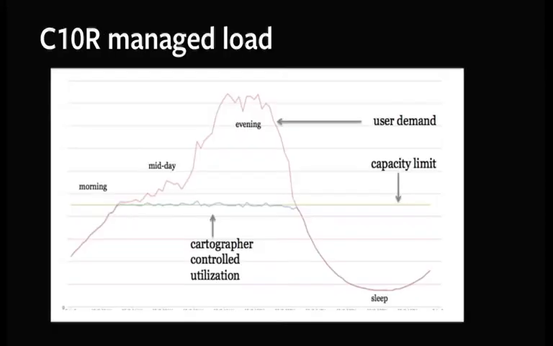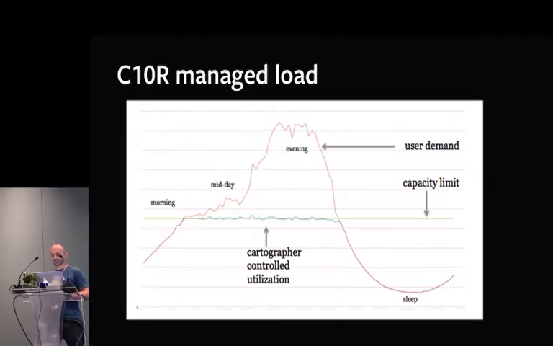So this is what Cartographer looks like in action. The clear green line here is the capacity limit of the point of presence. And the red line is the user demand that will be sent to that point of presence if we were sending them to the best location. During the day, the traffic ramps up and eventually goes to the capacity limit of the point of presence.